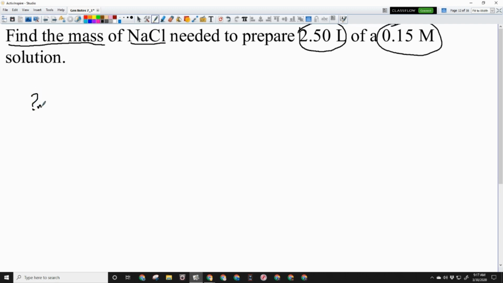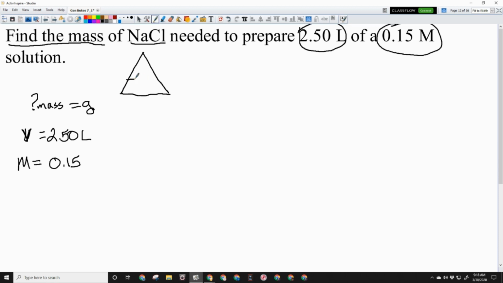We want to know the mass, and mass is in grams. 2.5 liters, so our volume is equal to 2.50 liters. And our molarity, because it's capital M, is equal to 0.15. Well, it's not really clear to me how I'm going to solve this, but that's okay because I don't have a formula yet.